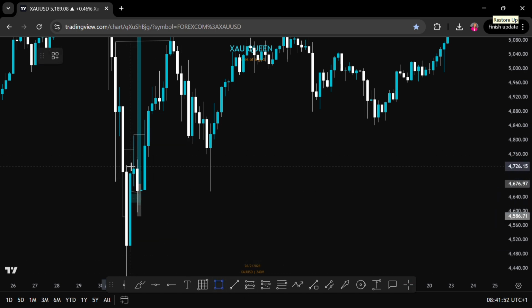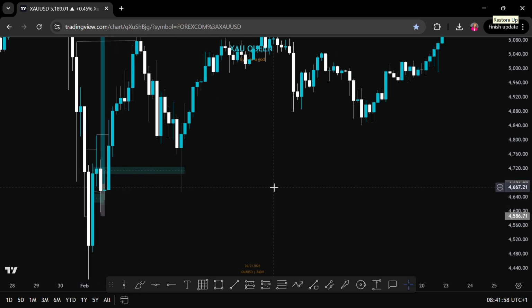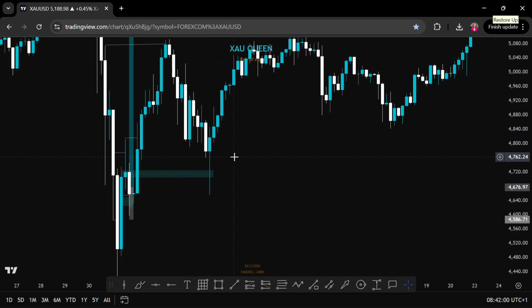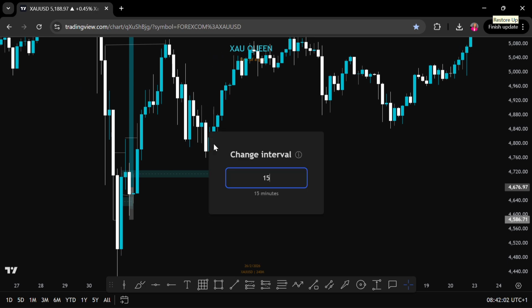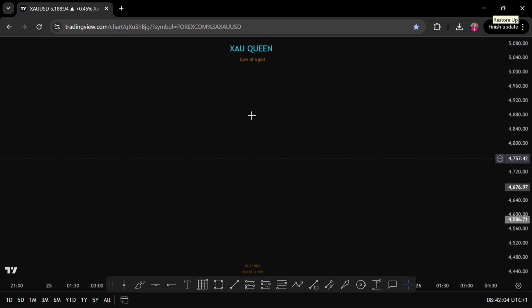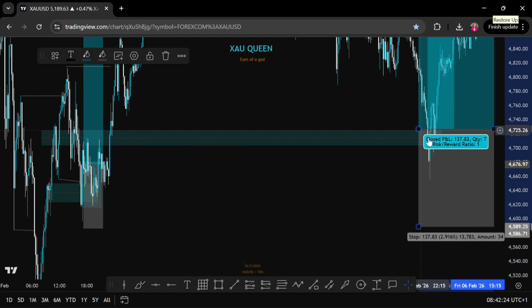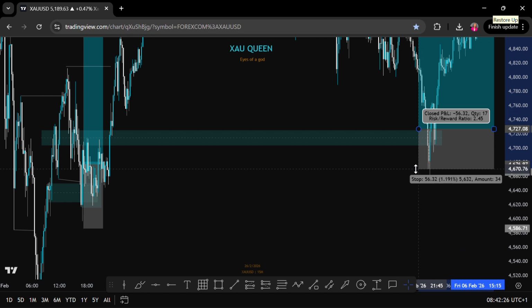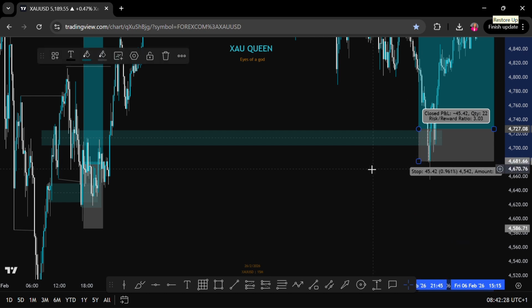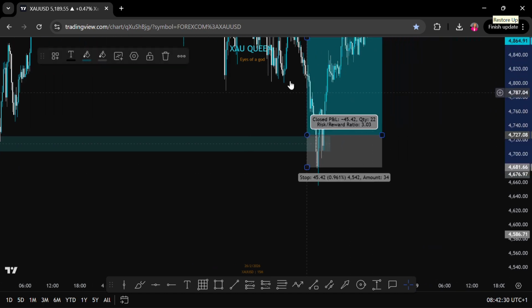So this was the POI I picked. I just picked the body because the wicks were unnecessarily long. And guess what? Of course, I got stopped out. I think my SL was just sitting on top of this guy. So I also got stopped out.